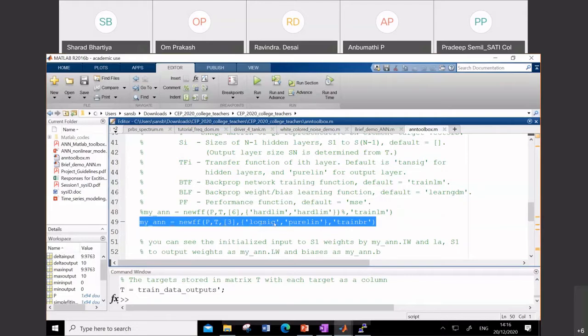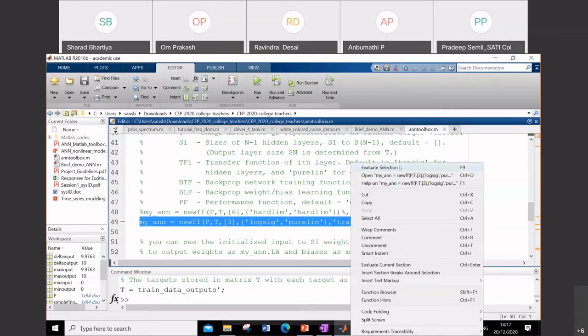The transfer function of the hidden layer is going to be log sigmoid, and in the output layer it will be purelin. Of course, I don't need to specify how many neurons in the output layer because they get fixed by T, the output. And instead of using trainlm, I can use trainbr, which is Bayesian regularization. So let's generate this object now.